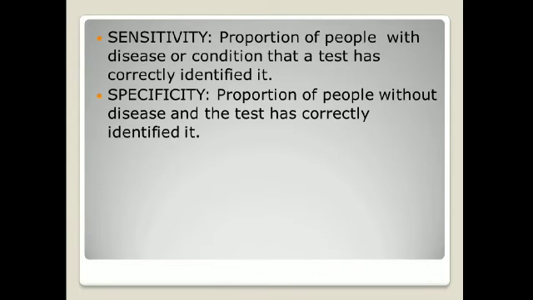And specificity means the percentage of people with no disease, and the test has shown that the patient is disease free. So it means the proportion of people without disease and the test has correctly identified it.